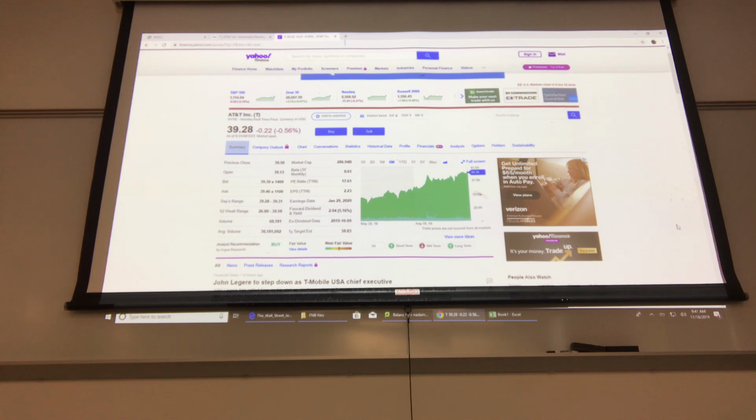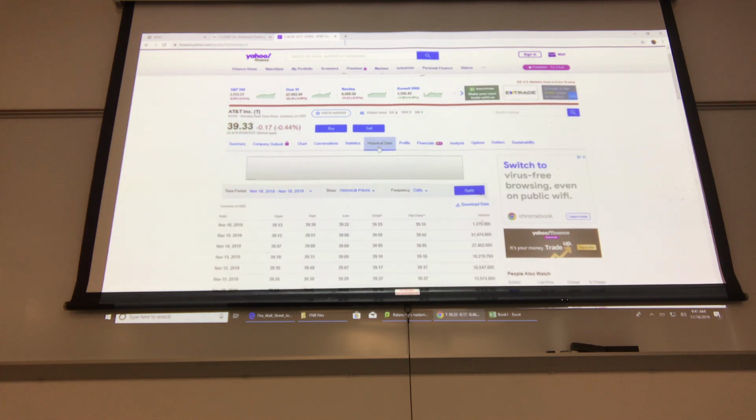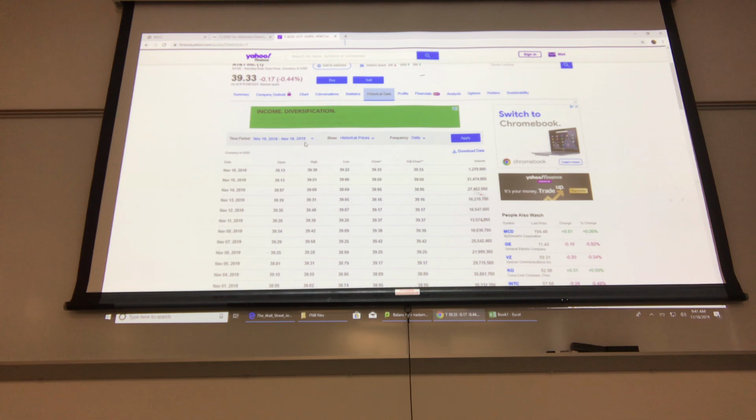Why do I bother with Yahoo? Because Yahoo allows me to get historical data. And if I get historical data here, I'll take the data for free. And I will have the data of whatever I want to have. I look for the time period.